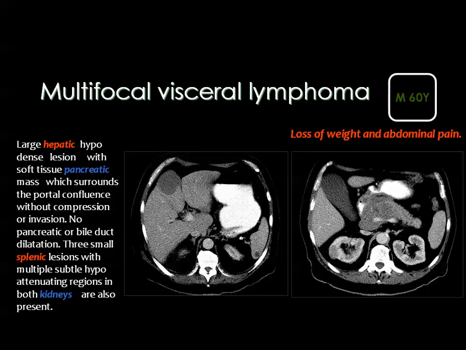If you look carefully, you may appreciate that the main pancreatic duct can be seen, it's not dilated, and also the liver does not contain dilated biliary radicals. But here, if you look carefully, you can see a focal lesion in the spleen, and you can see also a mass in the kidney. And this is the case of lymphoma affecting the spleen, affecting the kidney, as well as the pancreas.